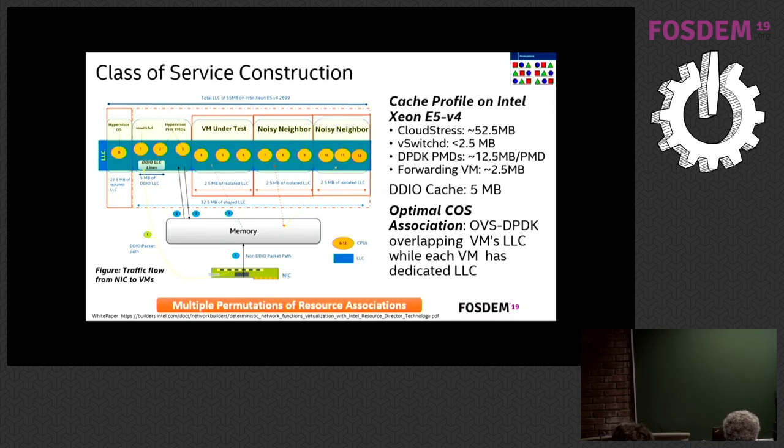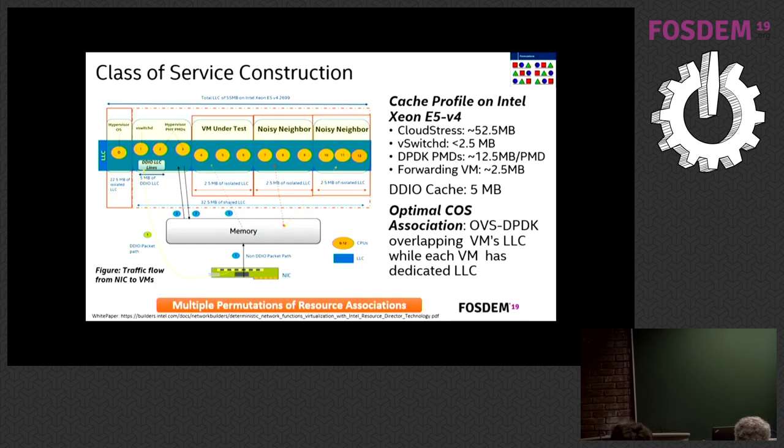Each platform has a minimum segment that you can divide the cache into. It's called a cacheway. In this platform generation, 2.5 MB is the least that you can associate with an application. So each of these VMs gets 2.5 MB.